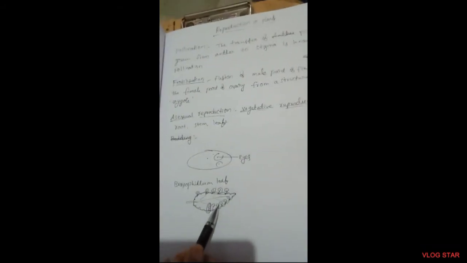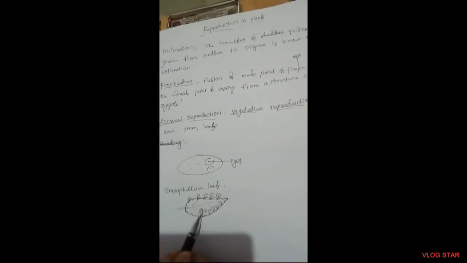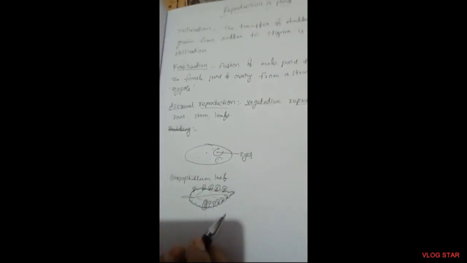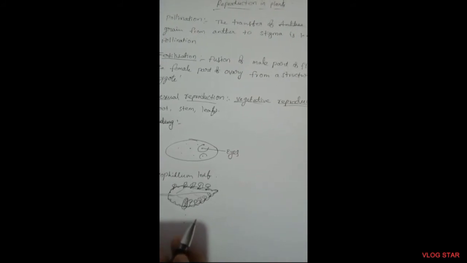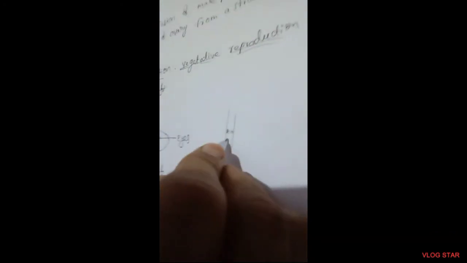Bryophyllum: new plants grow from the buds on the leaf. Here we have small buds. These produce new ones. Sugar cane: the stem grows roots at the nodes. We have nodes in the sugar cane. Anyone observe those nodes? We cut the nodes and they develop into new ones.